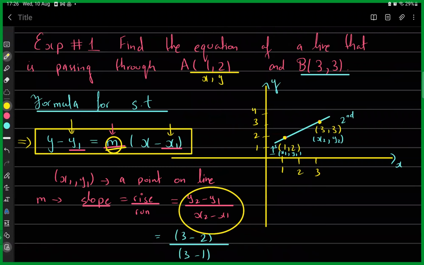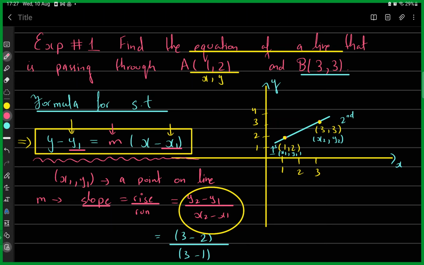So forget about everything, just focus on the question. The question was, find the equation of a line. So you've been asked to find this equation of a line, and this is your formula. Just like other formulas, we have a formula for this as well. This is m. For the formula of a straight line, you need x1, y1, and m. x1, y1 is just a point lying on the line, and you already know 2 points lying on the line.